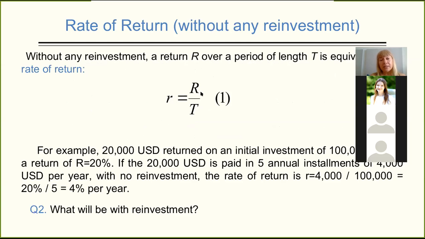We only divide the return by the number of periods, the whole period of length t.